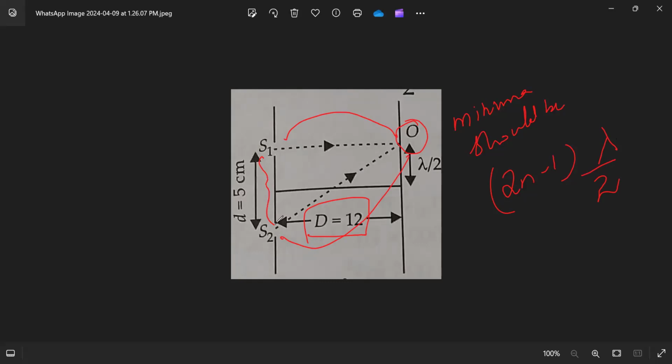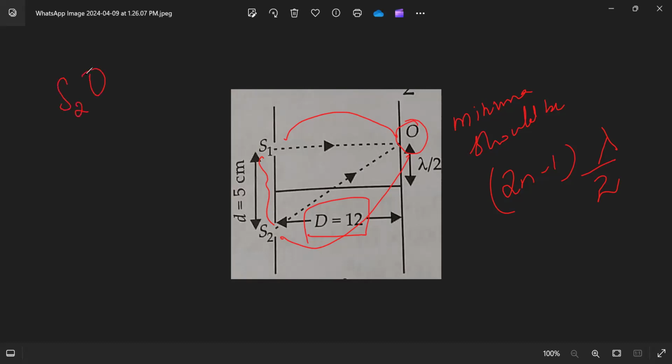Now, according to our condition, what is it basically? This S2O is there, no? This S2O, slit 2 and O. Yes, so that should be slit 2O minus S1O respectively.